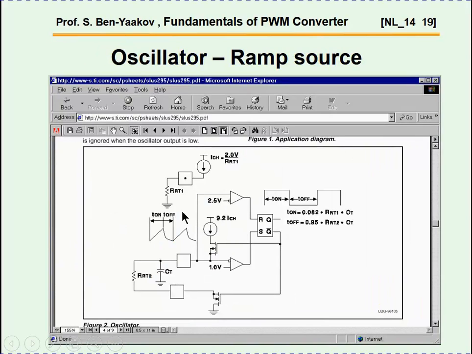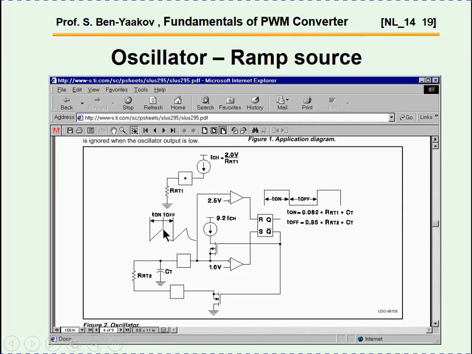Well, we have the oscillator. This is the oscillator of the peak current mode controller. Oscillators are usually built by having a capacitor which is charged by a current source. Once the voltage of this capacitor reaches a certain value, then this resistor is discharging it back. So here it is.